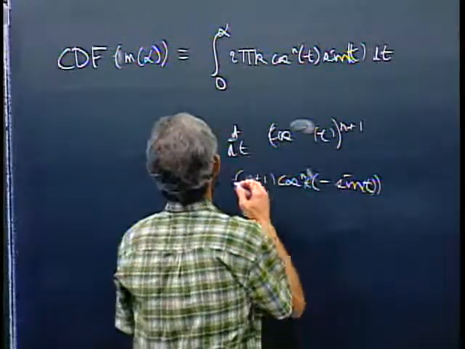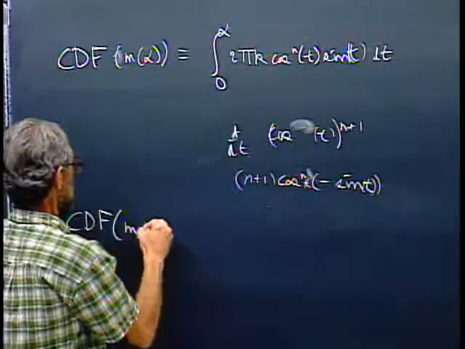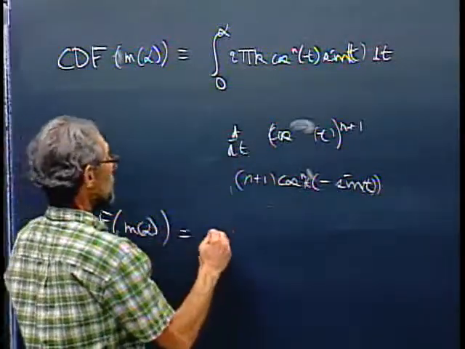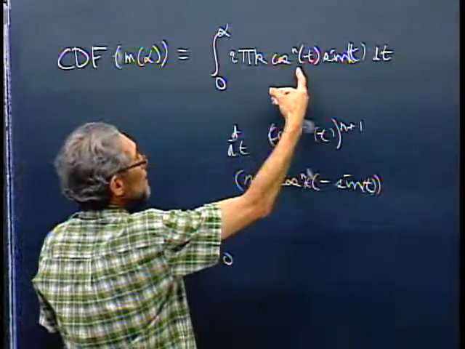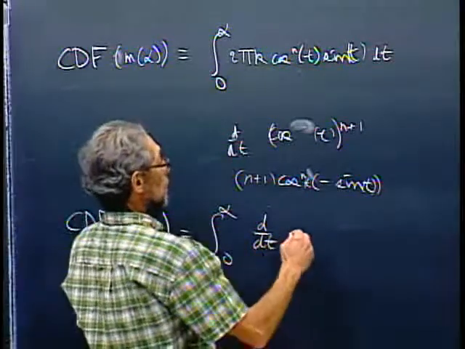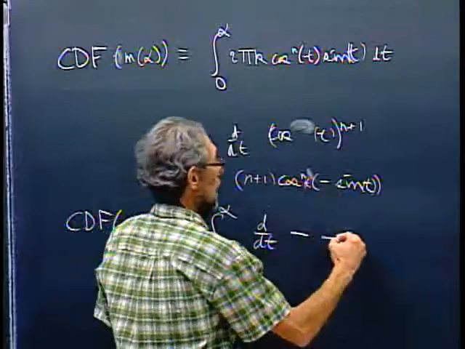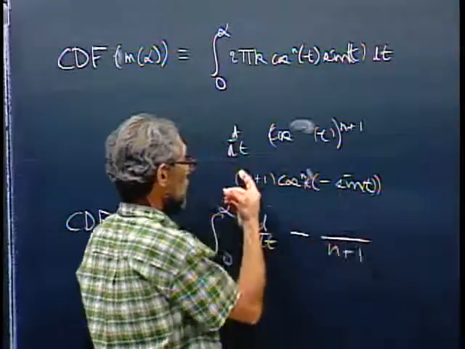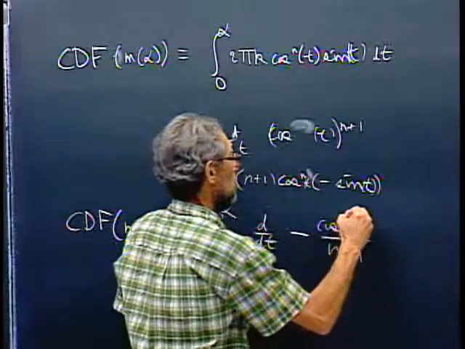So that means that for this integral, CDF of m of alpha, this thing then is going to be d dt of, well, I'm going to have a minus to cancel this minus, and I'm going to have 1 over n plus 1 to cancel this n plus 1, of cosine to the n plus 1 t.